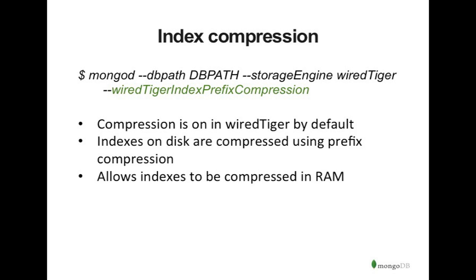The indexes on disk are compressed using prefix compression, although at creation time you could choose a different block compressor like Snappy or zlib that's available in WiredTiger. This not only compresses the indexes on disk, but when the data is retrieved, the compressed format is also kept in memory, saving you precious space in your RAM.